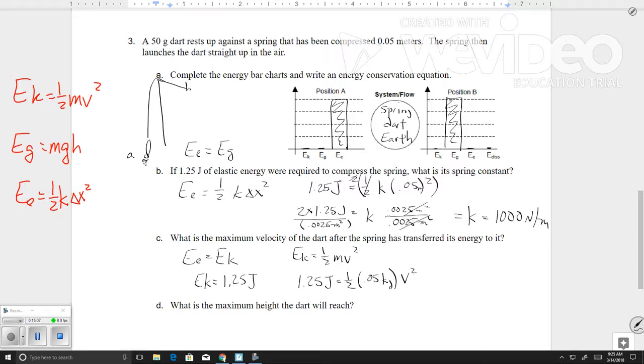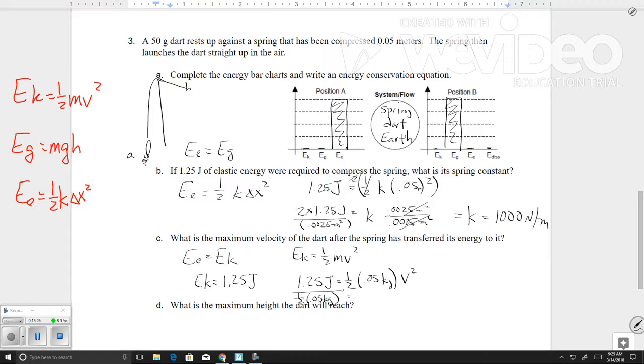So what I'm going to do is take both sides and multiply. Essentially, I'm going to take both sides over 1/2 times 0.05 kilograms. I'm multiplying by 2 divided by 0.05, is the way of looking at that.